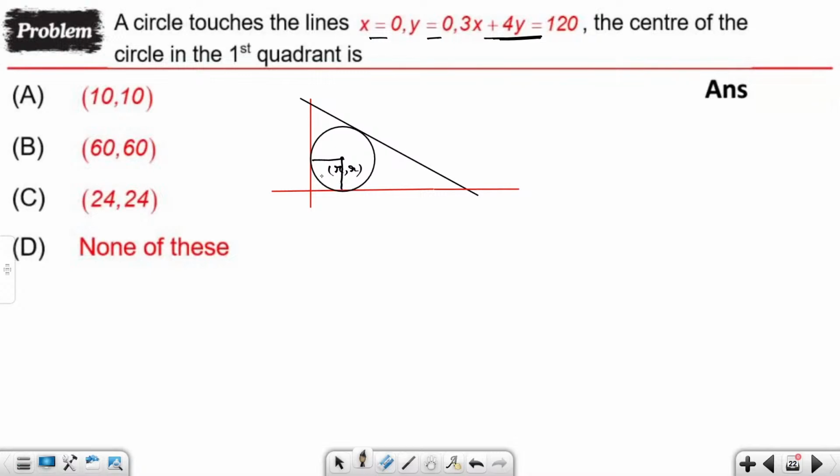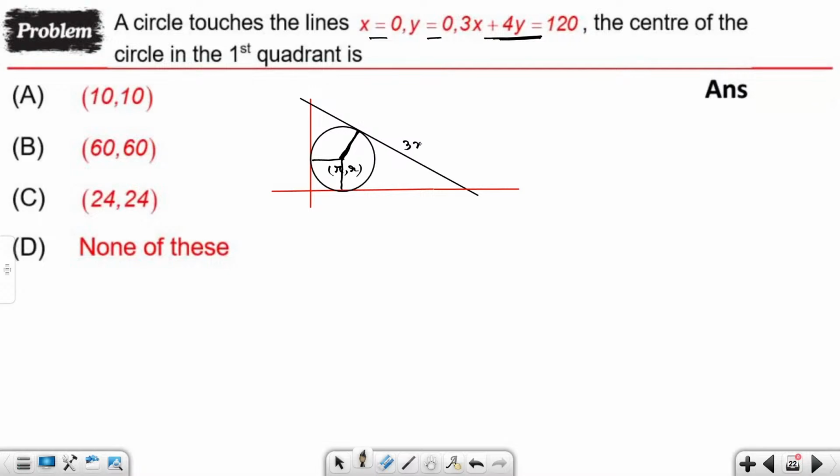Okay. Now, if I draw a perpendicular from the origin on this line, again the same funda I am using. If I draw a perpendicular from the origin on this line, it is going to intersect the circle at the point of contact.